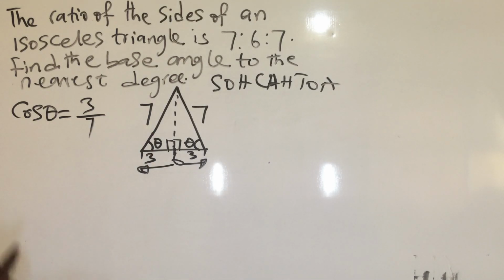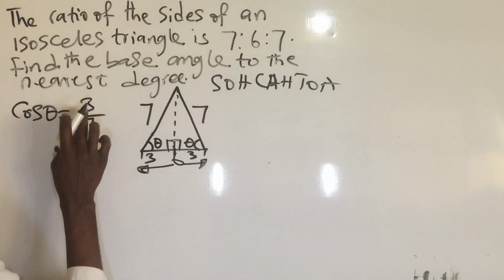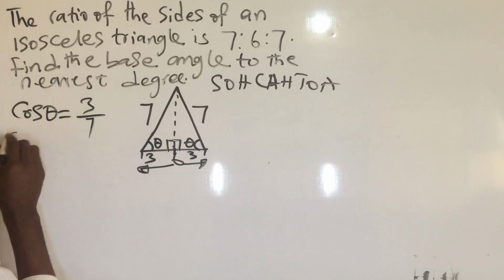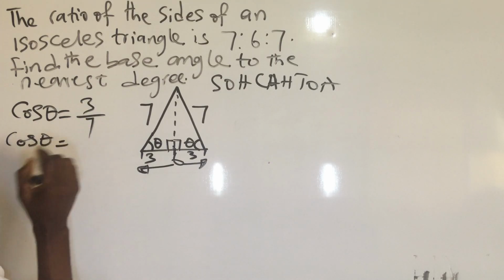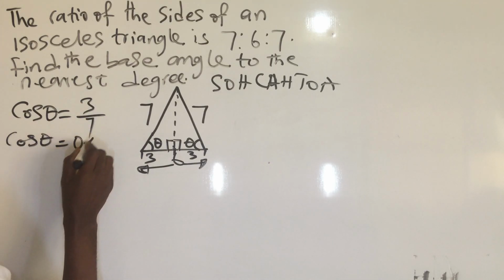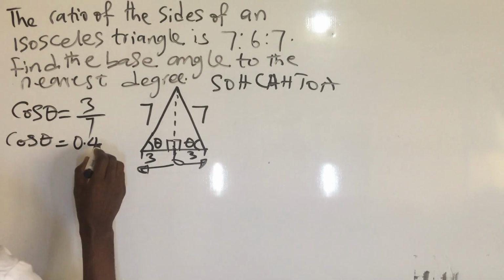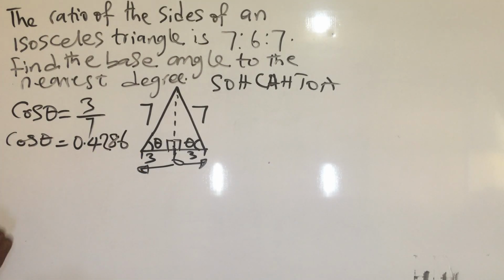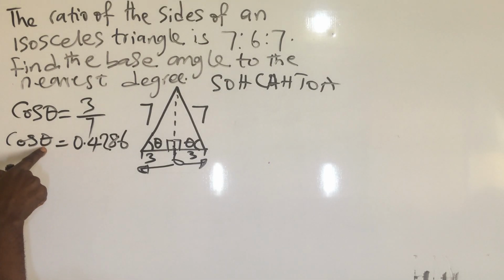Now, because we need the angle, let us continue. When we use our calculator and divide 3 by 7, it will now give us 0.4286, okay?